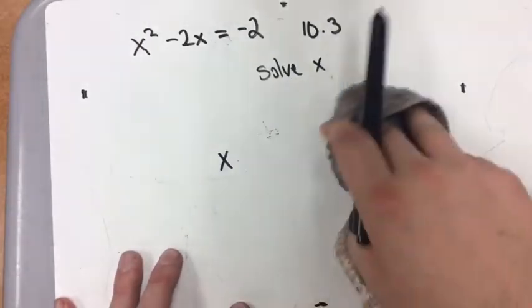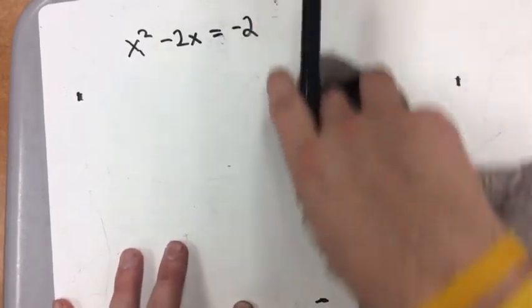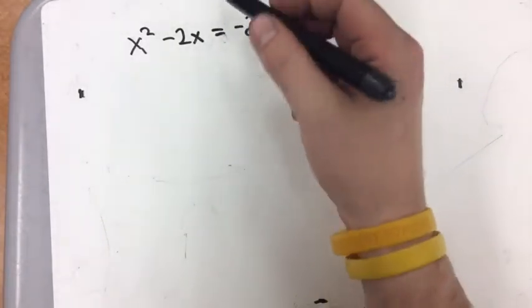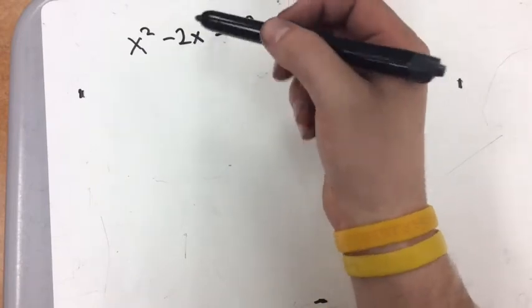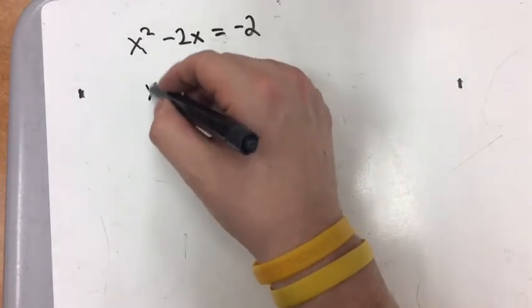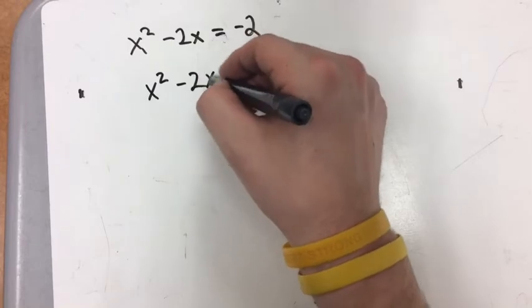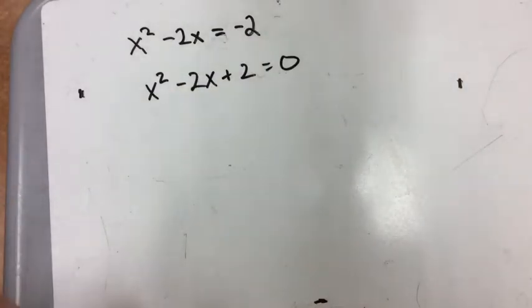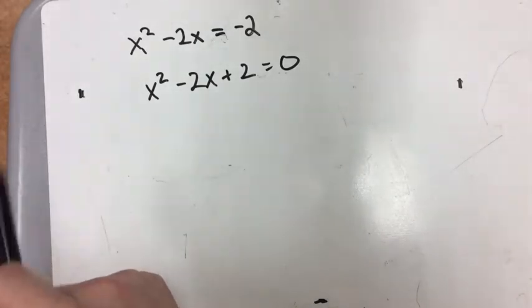So let's take a look at our example here of x squared minus 2x equals -2. The first thing is we can't solve for anything unless it equals 0. So we need to set this to x squared minus 2x plus 2 equals 0. Now we can use the quadratic formula.